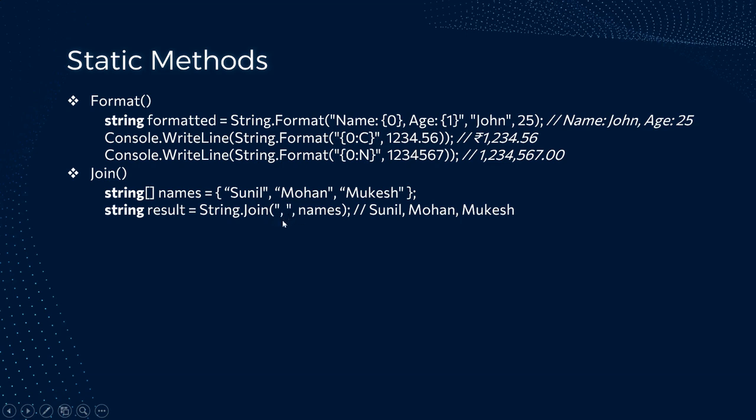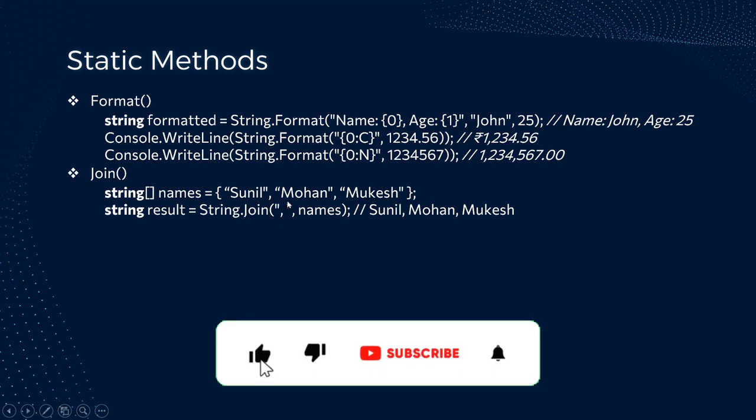Here it is a comma, but it could be a space, dash, underscore, anything. After that we have a comma and then the collection, that is the names array. So the output will be Sunil, Mohan, Mukesh, because we have given the comma as a separator, and based on the comma we join these array elements.